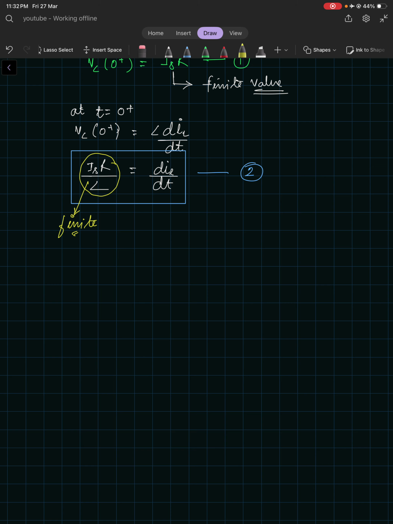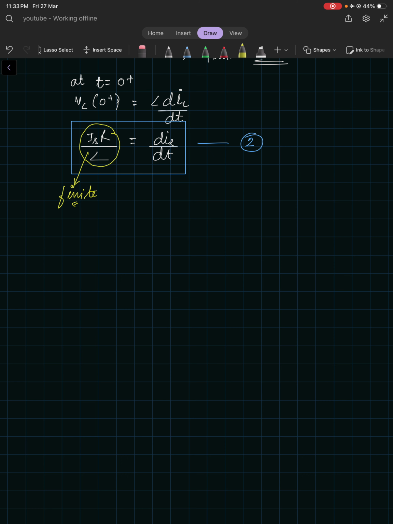According to this equation, the inductor should change the current, because dIL by dt has to be a finite value. So the current flowing through the resistor has to change.